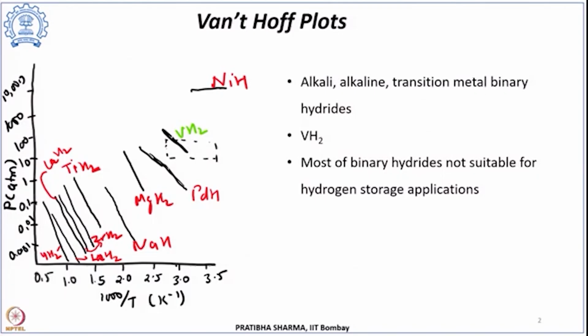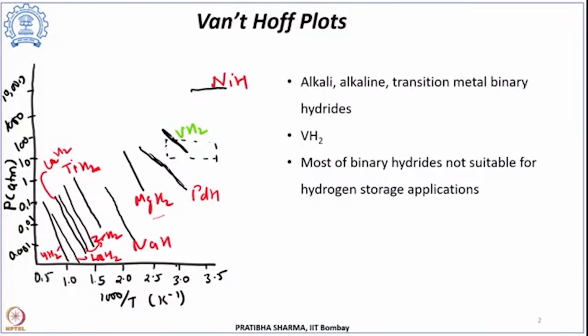The more electropositive elements react with hydrogen to form ionic hydrides, while magnesium hydride is a sort of intermediate between the ionic hydrides and the covalent hydrides of the other elements in the first two periods.